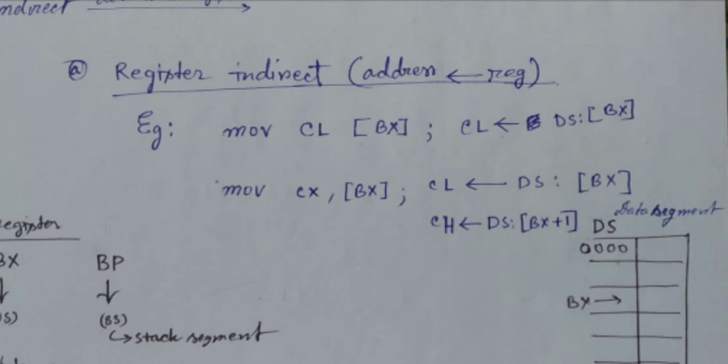That means CX consists of CL plus CH. With these two 8-bit registers, CL is getting the data from location BX and CH is getting the data from the location BX plus 1. That means the next location of BX.